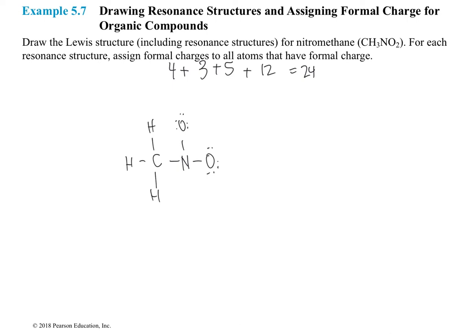Let me draw the other one. So for my resonance structures, I'm going to have double bonds there. The formal charge assignments will be similar. I'm going to pause, calculate the formal charges of everything, and put them next to the element, and know it'll be similar on the other molecule.